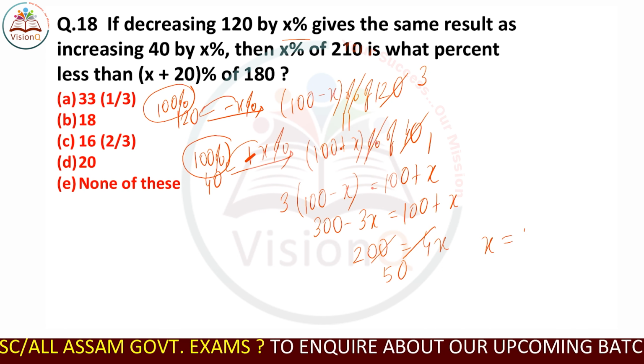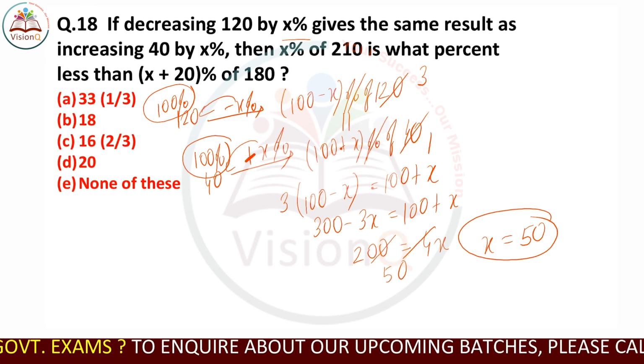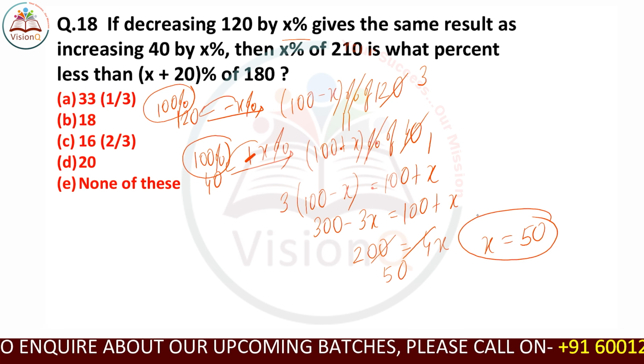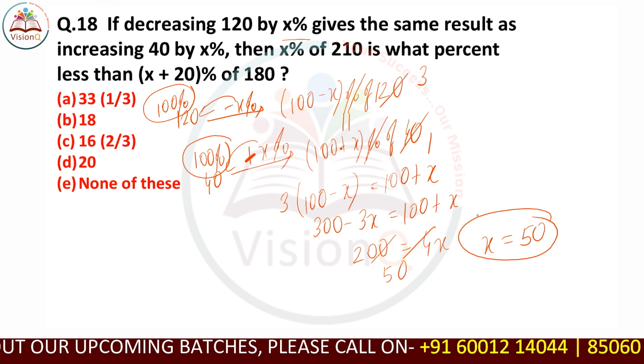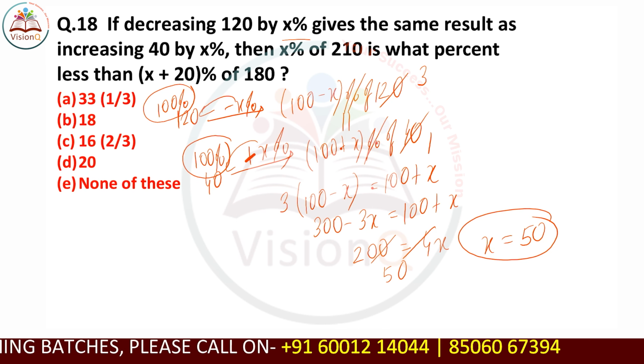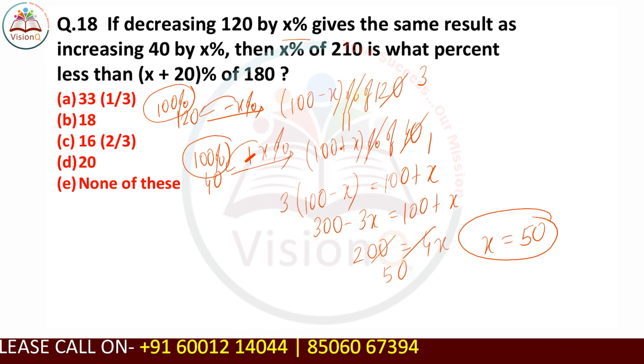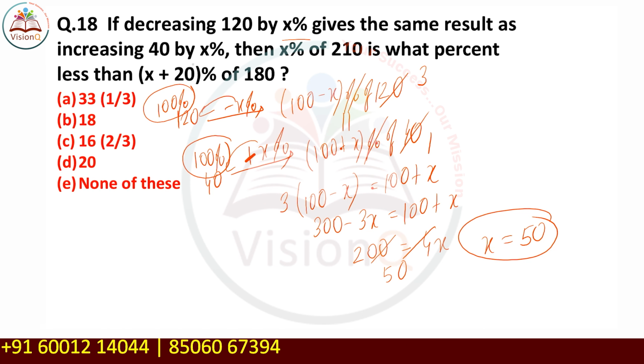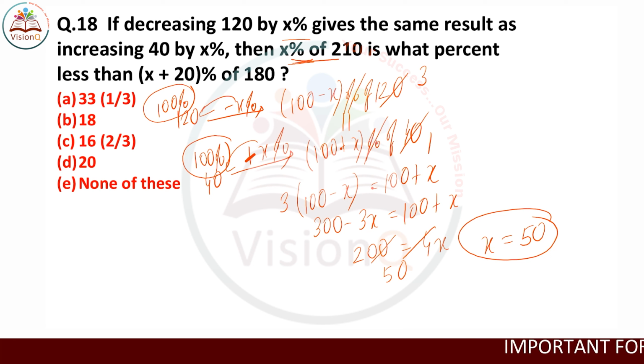So our main aim was to first find x, and I have found x from the first statement, that the final values are equal. Now use this x to find the answer. It says x percent of, sorry, not 120, 210.